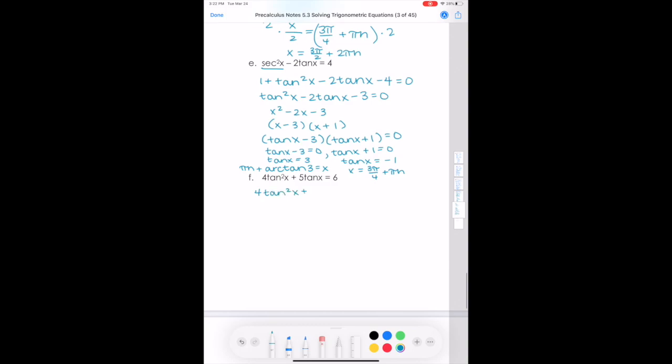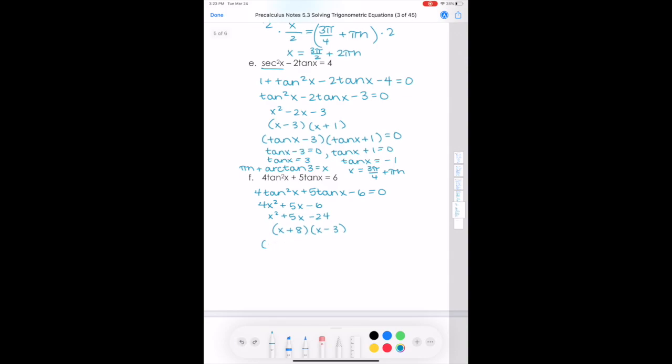Alright, this time they're already alike. I'm just going to move the 6 over and get it set equal to 0 before I factor. Using your little trick as always. I almost forgot to divide by 4.